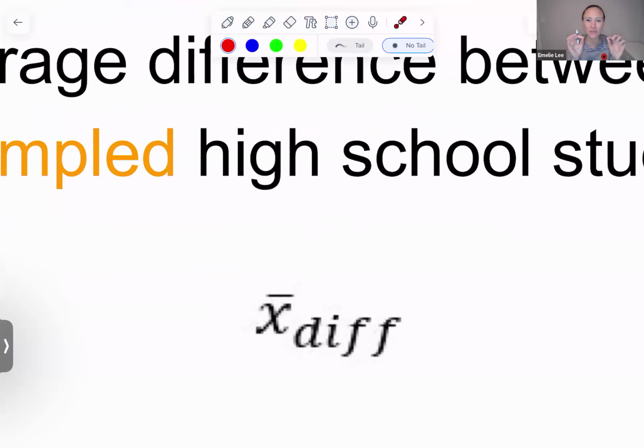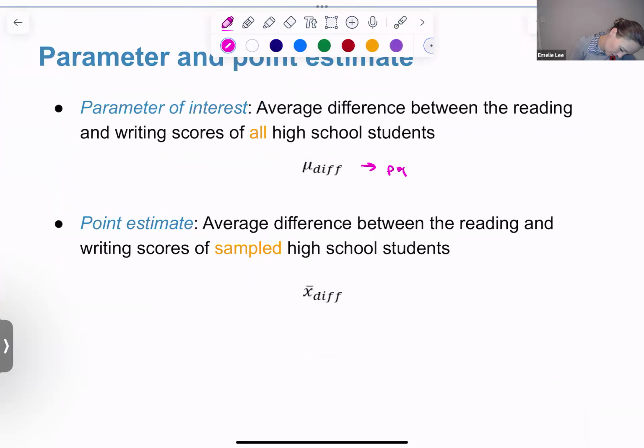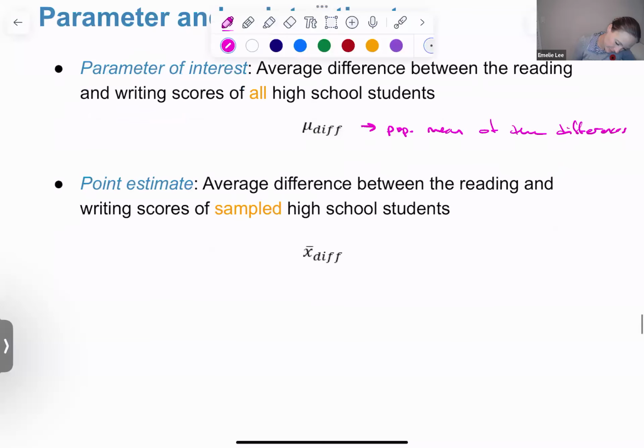We just put that little diff on there. Sometimes we just use a D, but that can look like other things, like a 2 sometimes, so I write diff. It's just to emphasize that this is the population mean of the differences, and this is the sample mean of the differences.